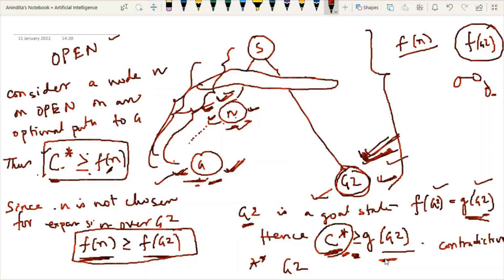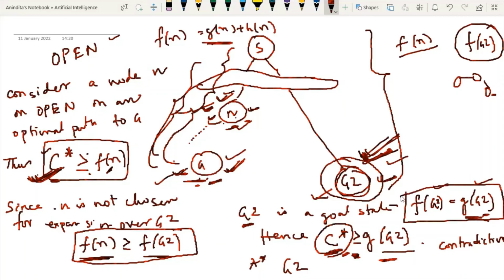Therefore, we can prove that in any situation, the A star algorithm never selects this suboptimal goal. Always it will select a goal that has an optimal cost path. So that's why A star is admissible.